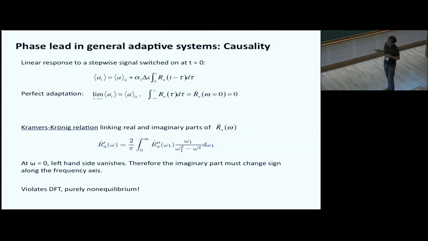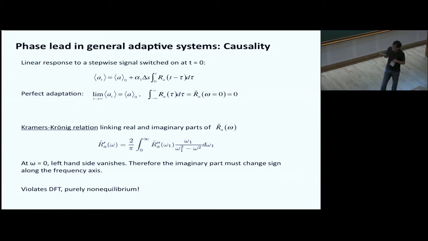It's just one page. So in general, you can write down, when you have, for example, a stepwise signal switched on at time equal to 0, then, because it's a noisy system, we look at the average response of this observable to the signal, and it's simply given by this expression, where you have the integral of the response function up to time t.